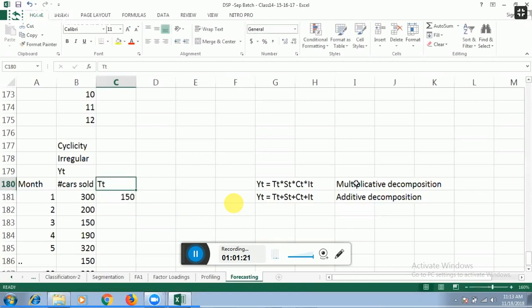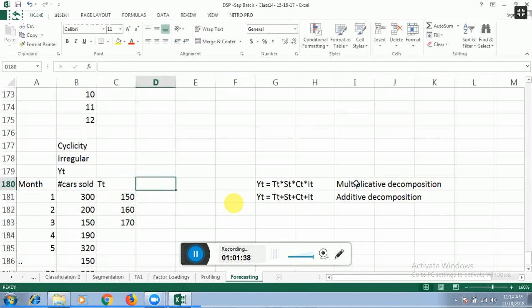So irrespective of whatever season you have, you see some kind of trend. So first month you're getting 150, maybe second month is 160, third month is 170, something like that, assuming that.